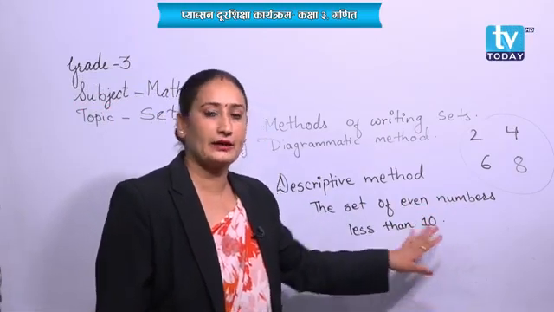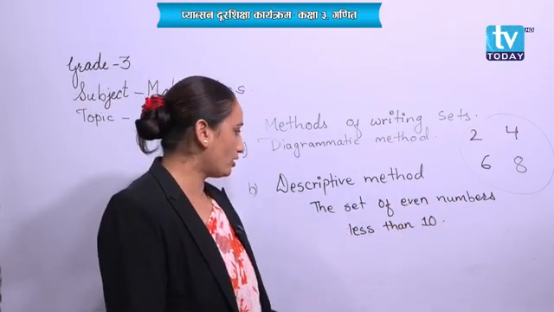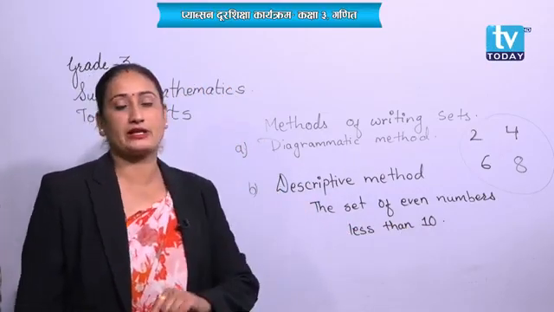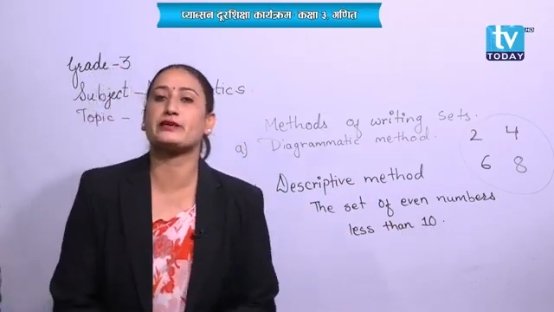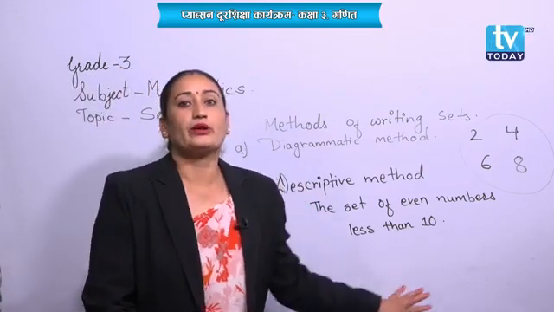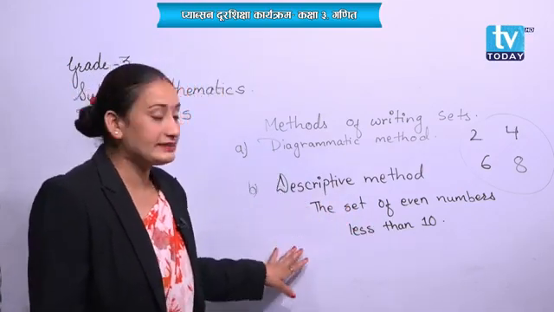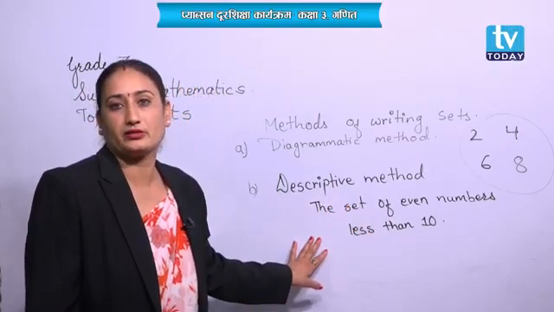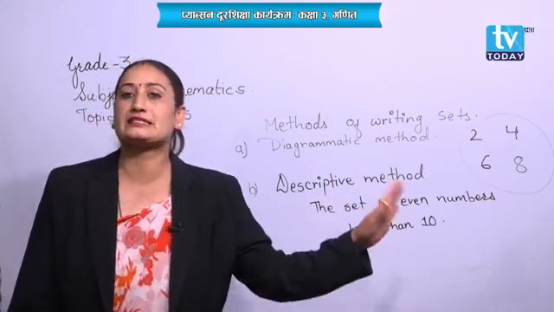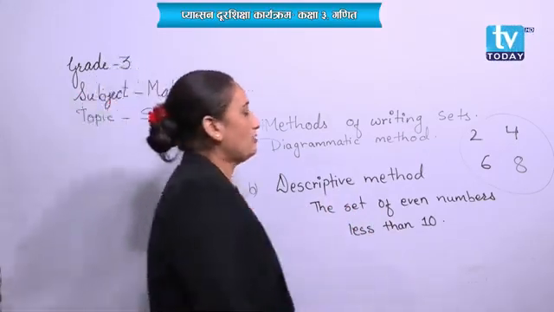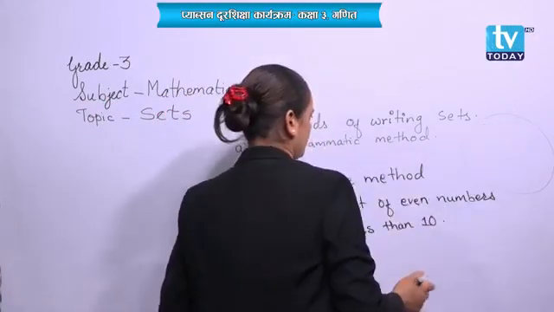Okay. Can we write it like this way? Next picture I will show to you and you have to tell me the answer. What we need to write, how to write in descriptive method, how to describe this set. Now, next question for you.